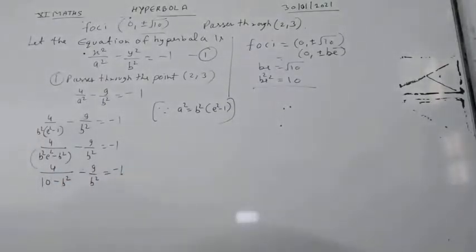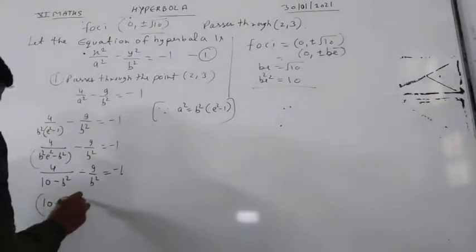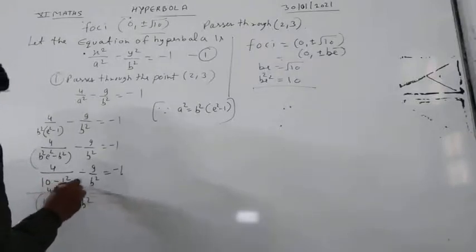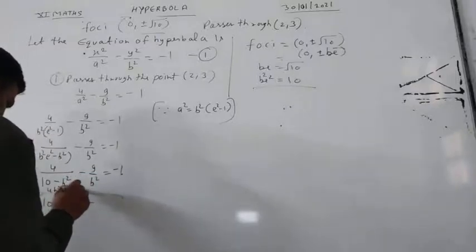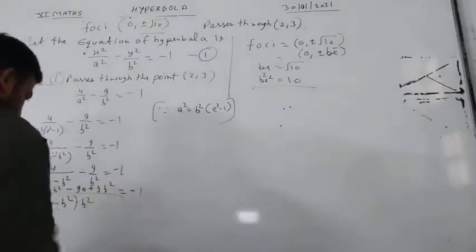Okay, students, now we take LCM and solve this. When we take the LCM, 10 minus b square and b square, this part will cancel, we get 4 times (10 minus b square) minus 9 b square is equal to minus 1 times b square times (10 minus b square).